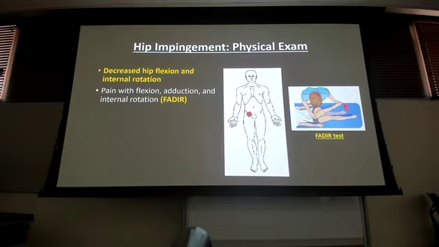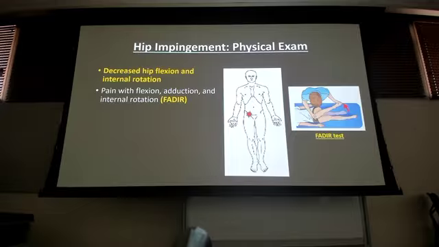So when we talk about our physical exams, these are going to be paramount. When it comes to the hip, you have to do a good hip exam. You have to figure out if you're dealing with this FAI, or sometimes labral pathology gets thrown in here too. So when you do a FADIR test, that is flexion, adduction, towards the midline, and internal rotation.